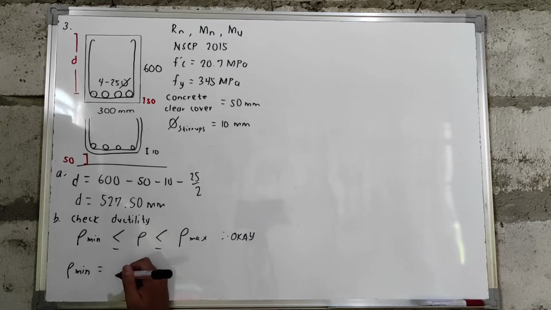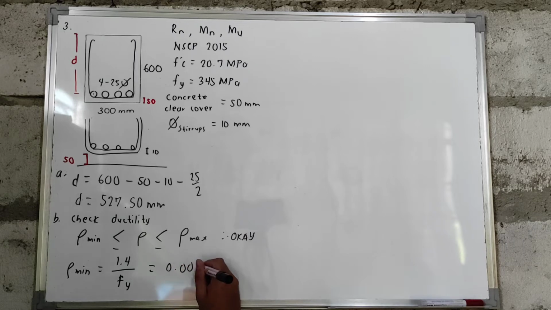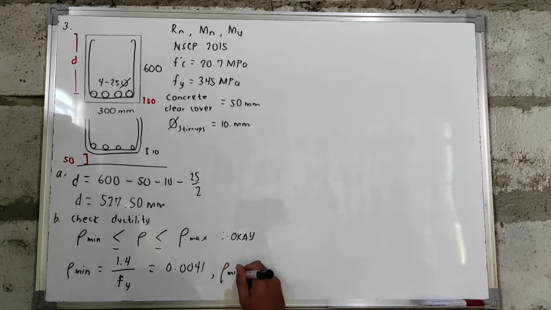So, yung rho minimum natin, meron tayong dalawang values dyan, yung 1.4 over yung fy natin. So, yung fy natin, that is, meron tayong value na 345 megapascal. Substitute lang natin. So, you will have a value of rho minimum na 0.0041. And then, meron pa tayong isang value ng rho minimum natin.